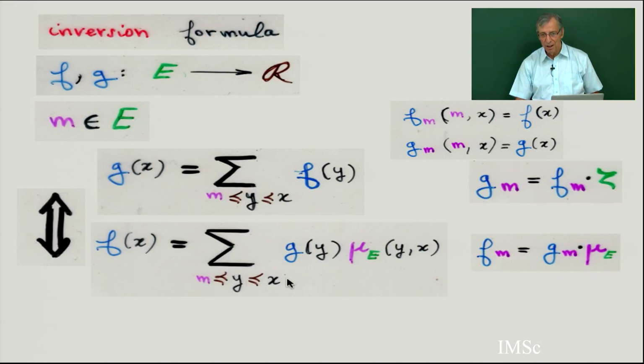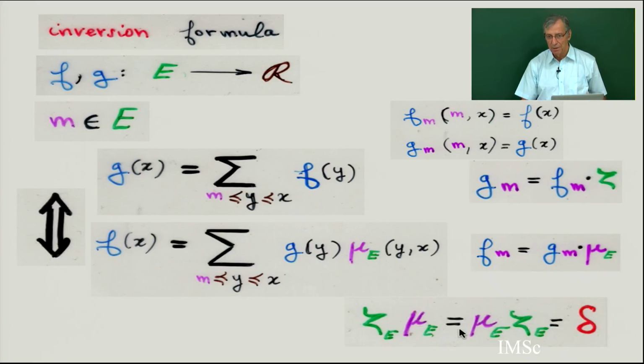So this formula gives you the product in the incidence algebra with the Möbius function. And now you get the proposition that these are equivalent because of this relation. If you multiply on the right by mu, then you get delta and you get this formula. And conversely, this is because zeta and mu are related by this relation.